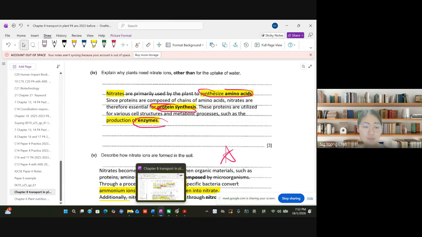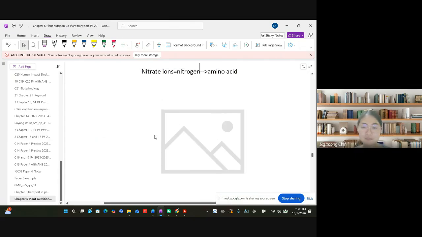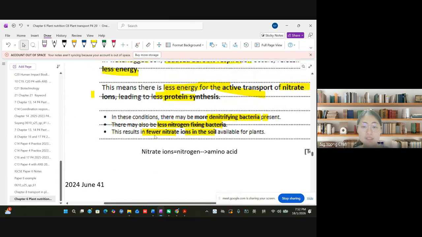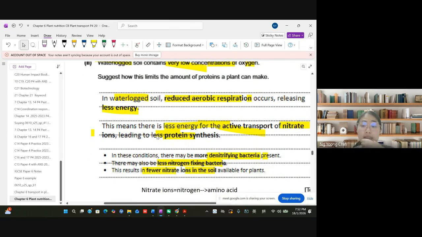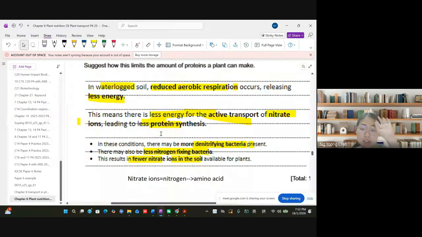I taught that already. Okay, go back to the question just now. So you know about the whole process, I hope. Why in this condition are there more denitrifying bacteria present?